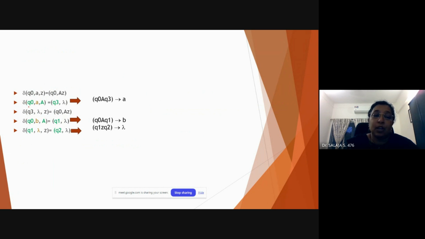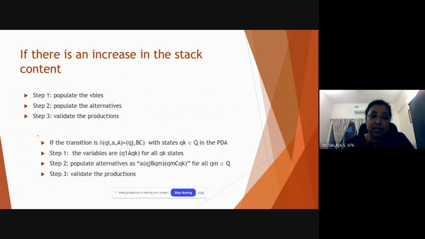So we'll take the input state, the stack alphabet, the output state put together as a variable, and anything within round brackets is considered as a single variable which produces A. Similarly, here it is Q0 A Q1, which produces the input alphabet, which is B. Here it is Q1 Z Q2, which produces the input alphabet lambda. So whenever there is a decrease in stack content, we'll have only one terminal on the right hand side.